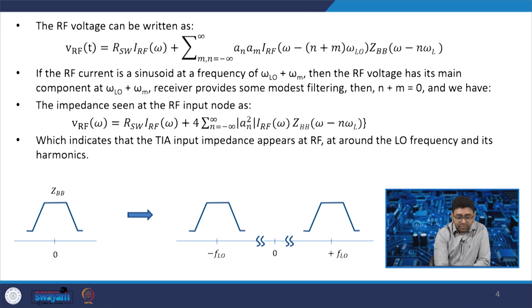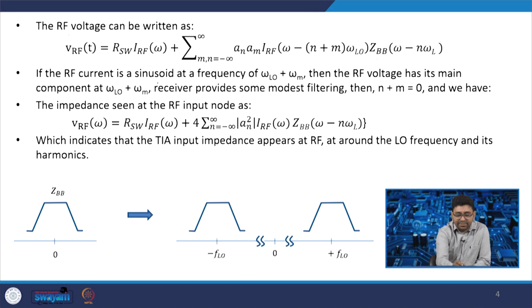So, the RF voltage we can write in terms of the current and switch resistance, and it is multiplied with the baseband impedance Z_BB at omega minus n omega LO.